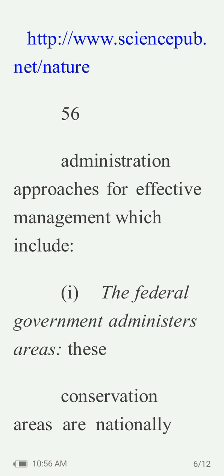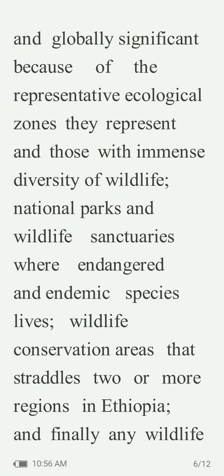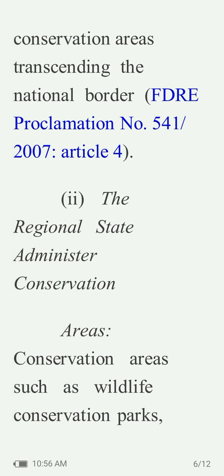These conservation areas are nationally and globally significant because of the representative ecological zones they represent and those with immense diversity of wildlife. These include national parks and wildlife sanctuaries where endangered and endemic species live, wildlife conservation areas that straddle two or more regions in Ethiopia, and finally any wildlife conservation areas transcending the national border.